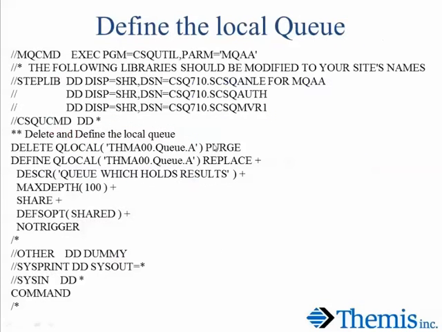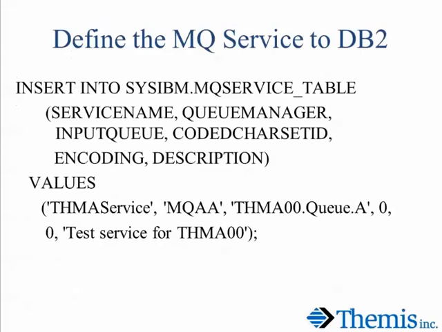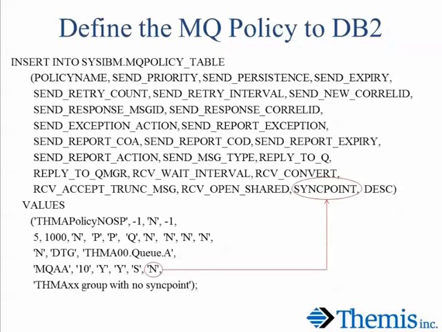Now, you need to define your local queue for MQ series. You need to define the MQ services and get your service name. So we've got our THMA service. We define the policy, and that is non-synchronous. We are not taking sync points.